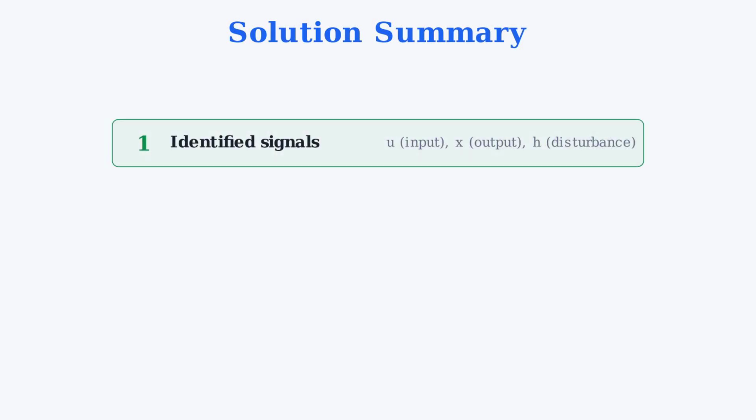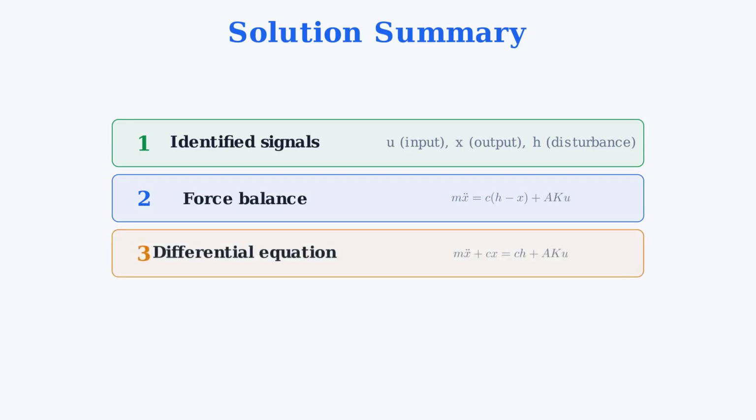Let us review what we did. We started with the physical system. A car on a bumpy road with a spring and hydraulic actuator.